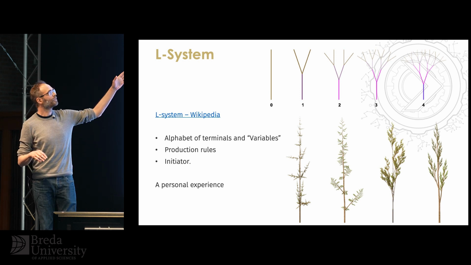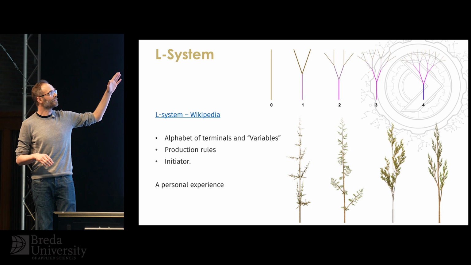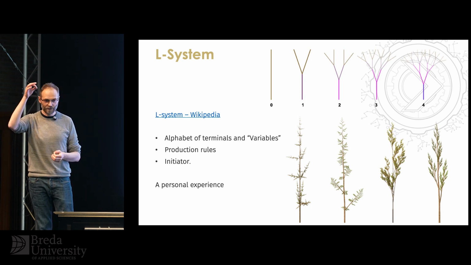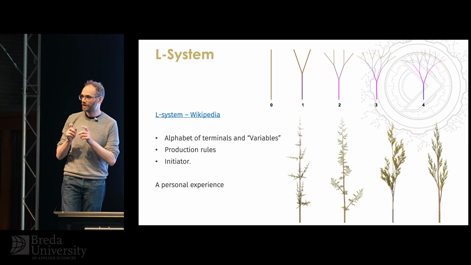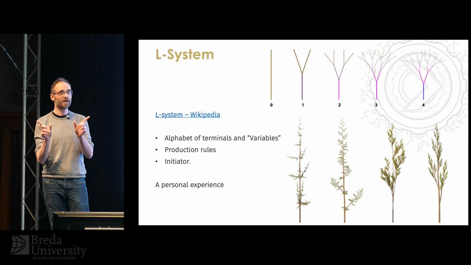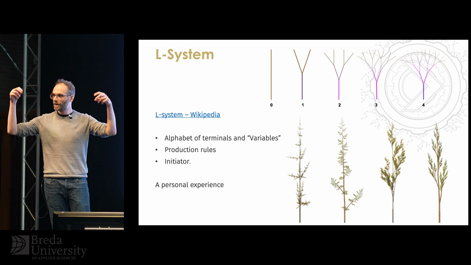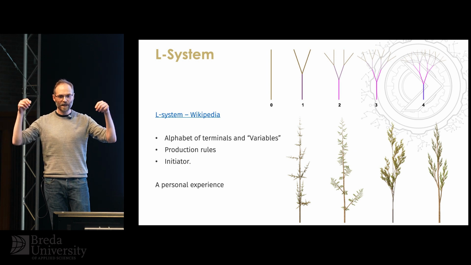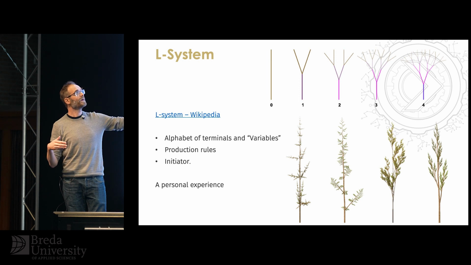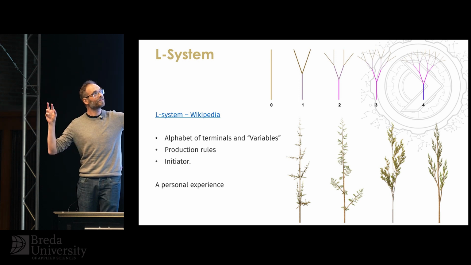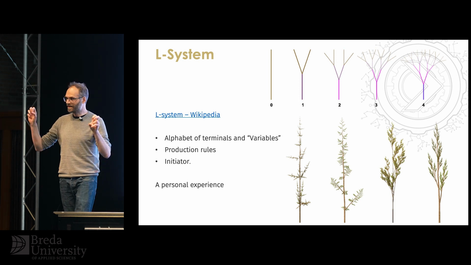The simplest example is a stick with a bud on top, and the bud splits itself into two sticks with a smaller bud on top of each. If you repeat it many times, you can produce things that look like grass.